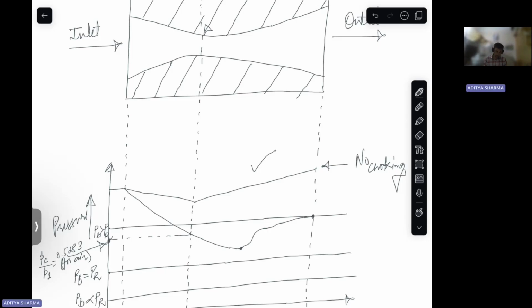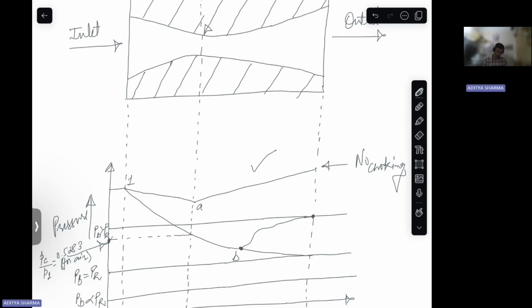Then there is one more case where up to mark B, it will follow the same path, but then it will move in this direction.